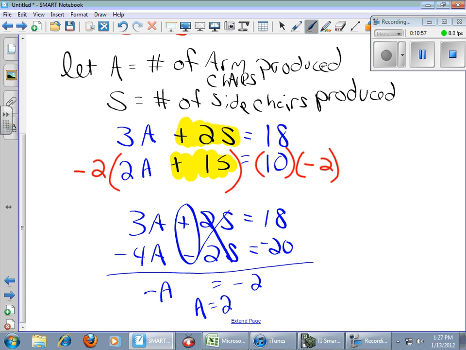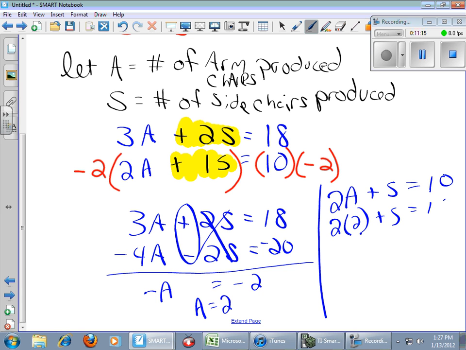So it means I have enough time to produce two armchairs. Now that I know that, I'm going to go up to this equation, 2a plus s equals 10, and I'm going to substitute in the 2 for the a, and that'll be 4 plus s, and that'll equal 10, and then s will equal 6.